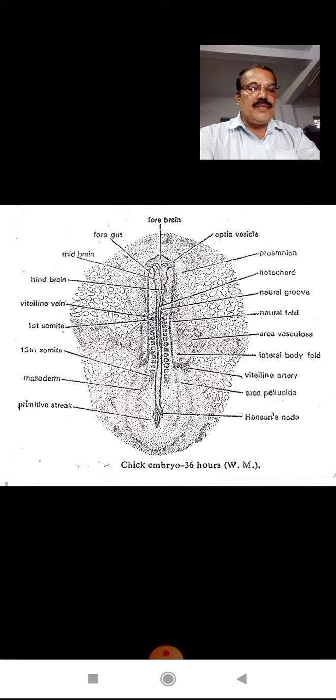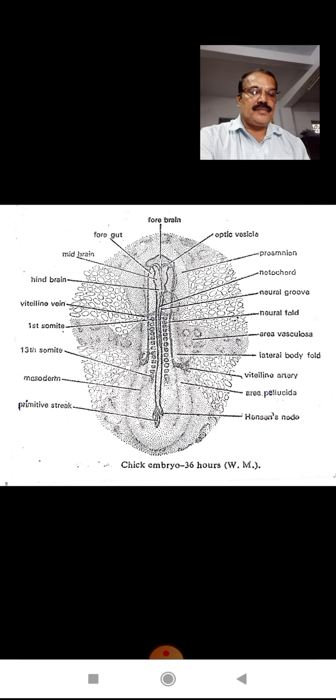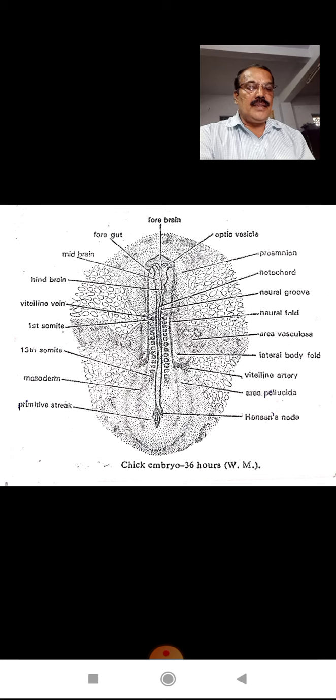The optic vesicles are established as paired lateral outgrowths of the forebrain. There are 13 pairs of somites formed. The primitive streak becomes shorter because of the lengthening of the neural tube.